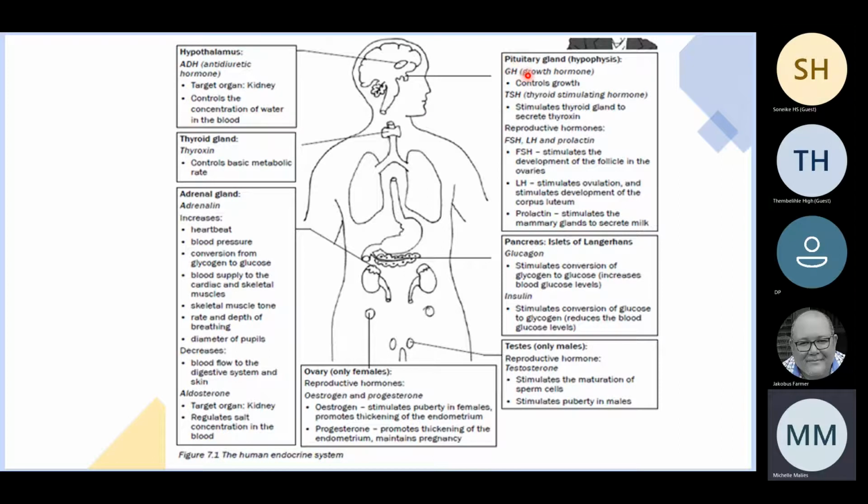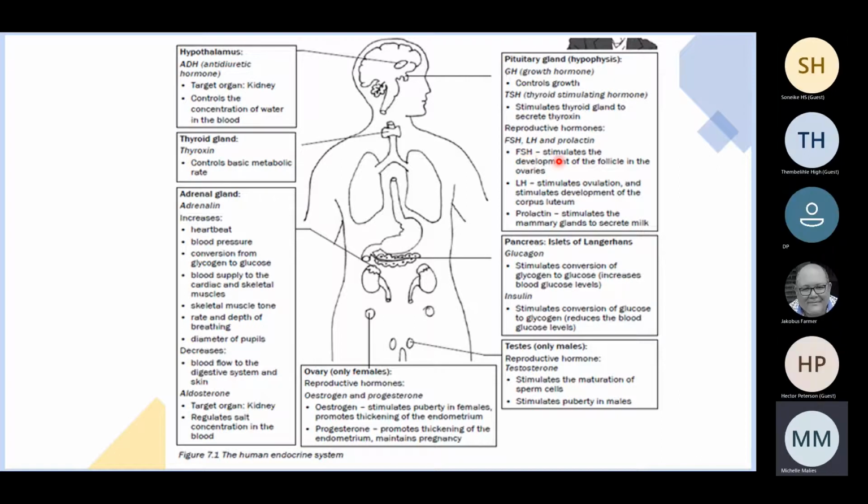Then the reproductive hormones, which you all already know, also from the pituitary gland or hypophysis. The reproductive hormones are FSH, follicle stimulating hormone, LH, luteinizing hormone, and prolactin. The hormone FSH, as you already know, stimulates the development of the follicle in the ovaries, the Graafian follicle.